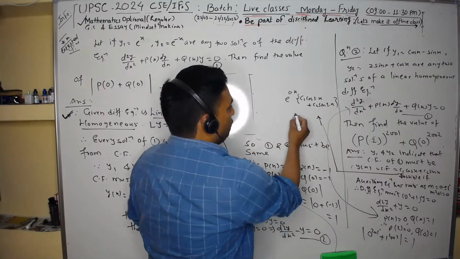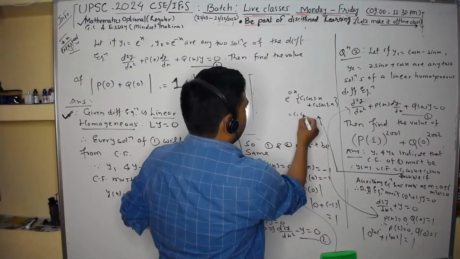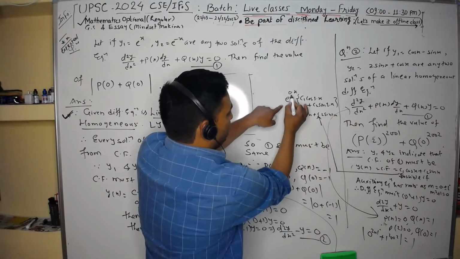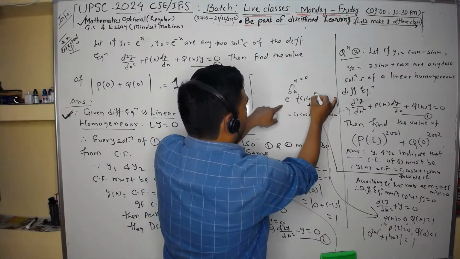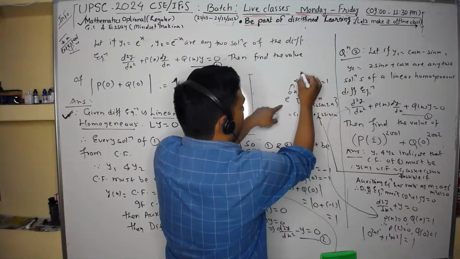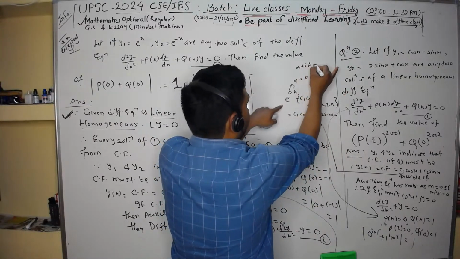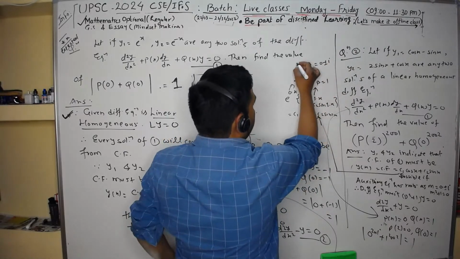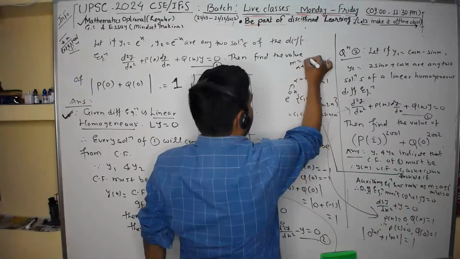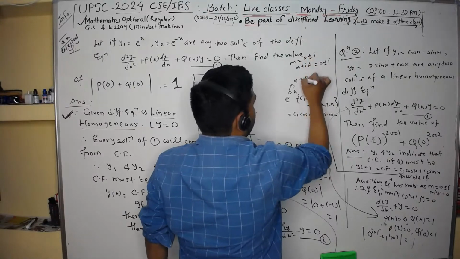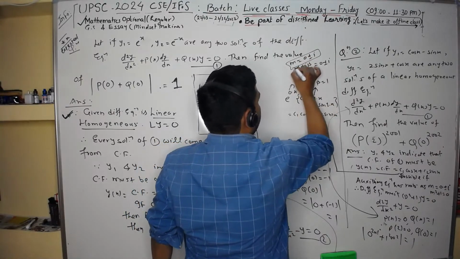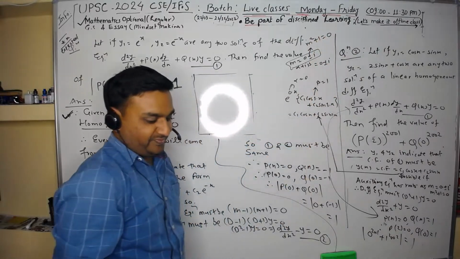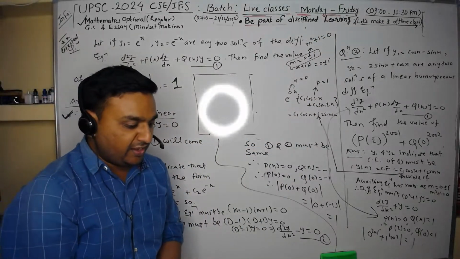Then only you will get the CF as C1 cos x plus C2 sin x, right? This means alpha is 0, this means beta is 1. So alpha plus minus iota beta means 0 plus minus iota, means m has roots 0 plus minus iota. If m has these roots, then what should the equation be? Priyanka, is it clear now?